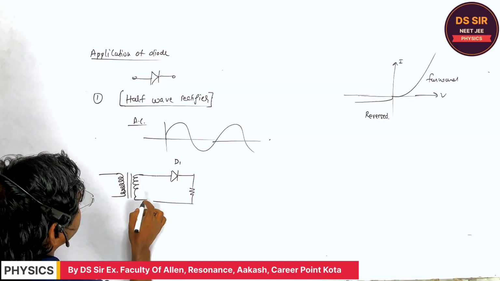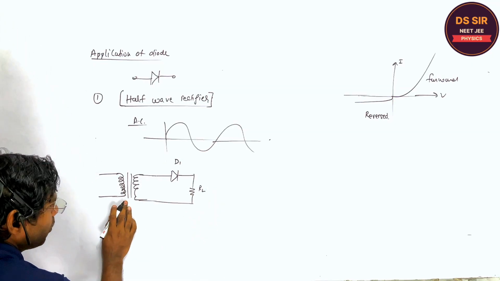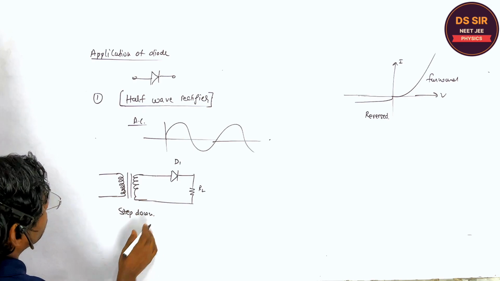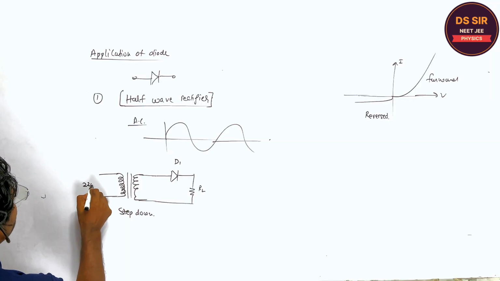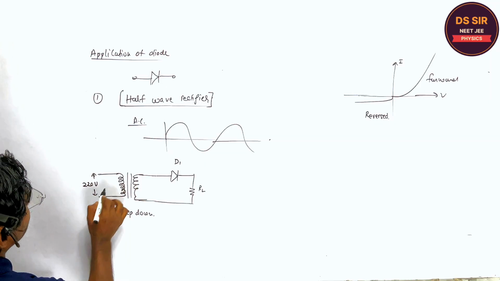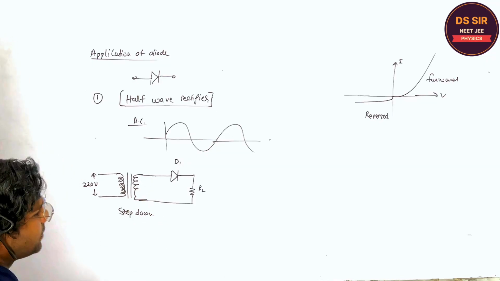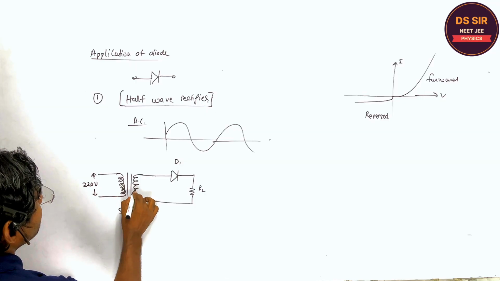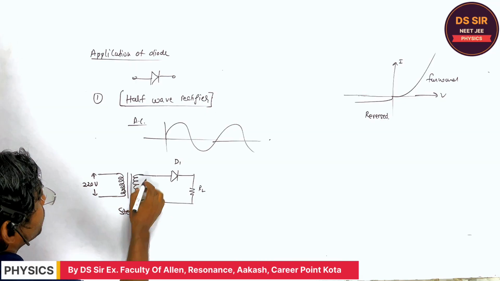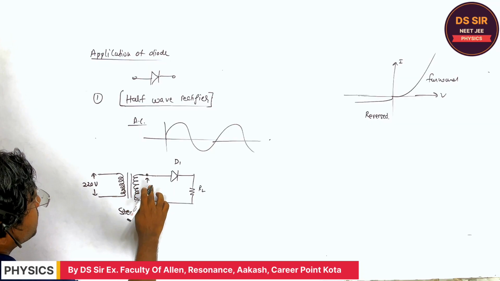This is the diode D1, this is the load resistance, and this is the step down transformer or step up. I am considering this is the step down transformer, and the 220 volt AC is supplied from here. Here the output of this step down transformer is a lower voltage.